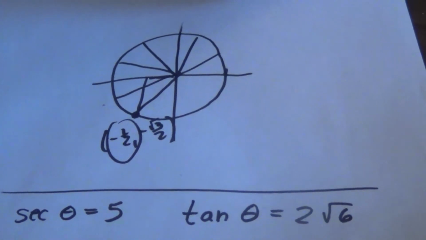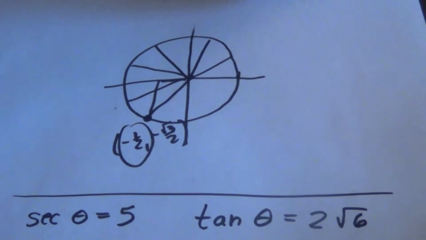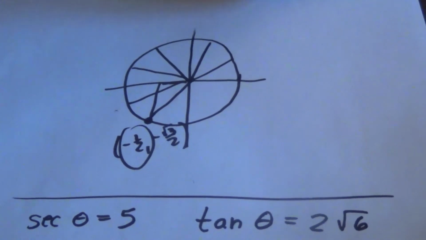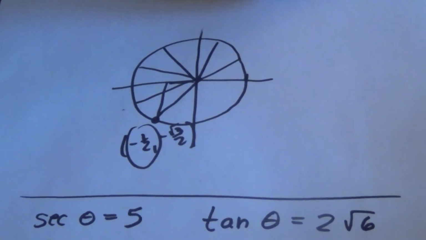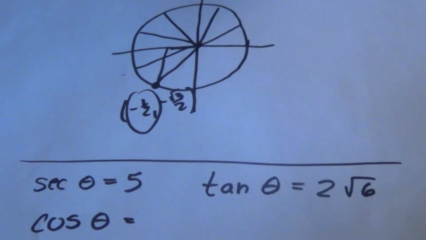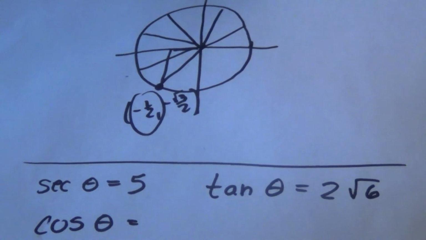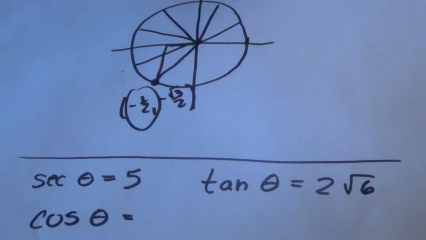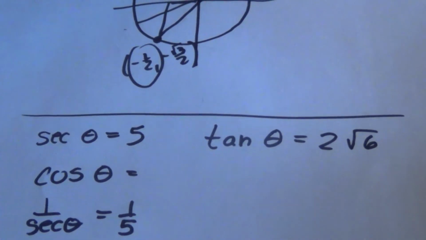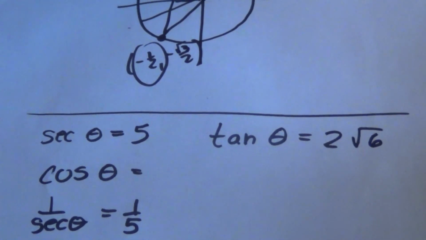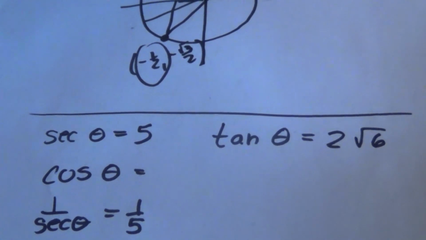Some will. So just be aware, for this test, they'll be up. So the secant of theta is 5, the tangent is 2 square roots of 6. Can you find the cosine? From the relationships between trig functions, we know that secant and cosine are reciprocals of one another. So if secant is 5, cosine must be 1/5.